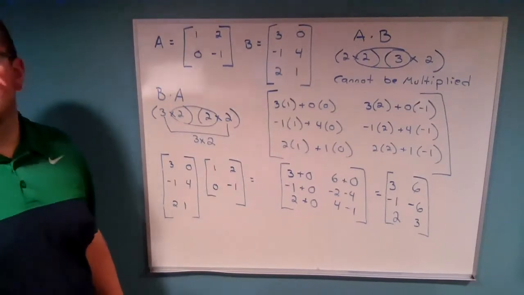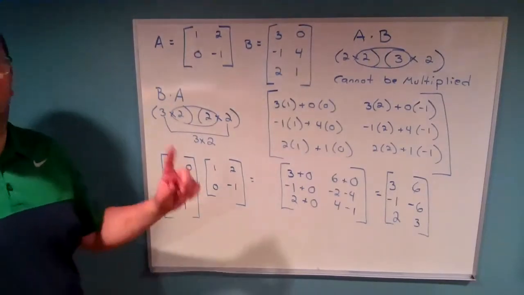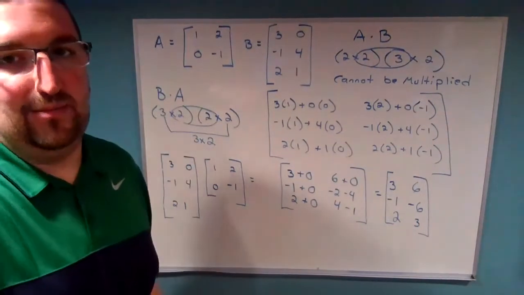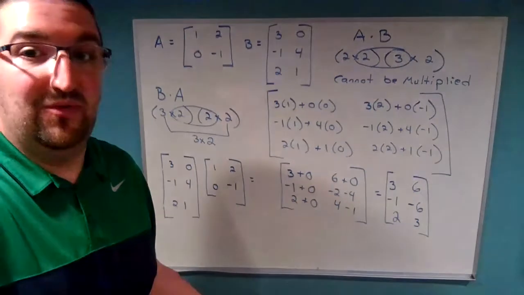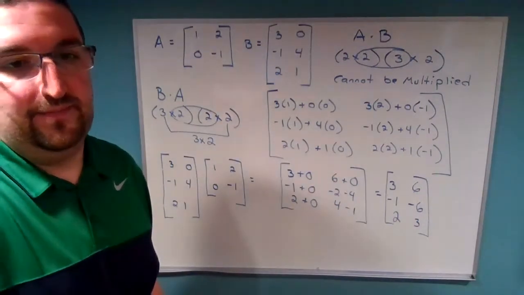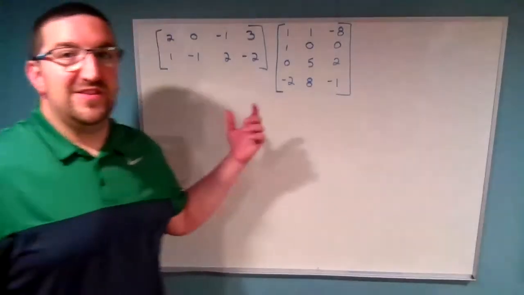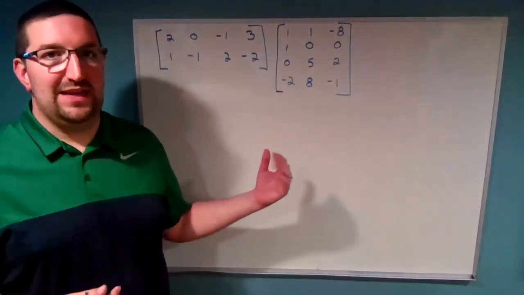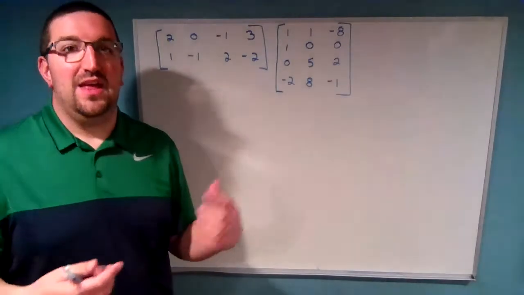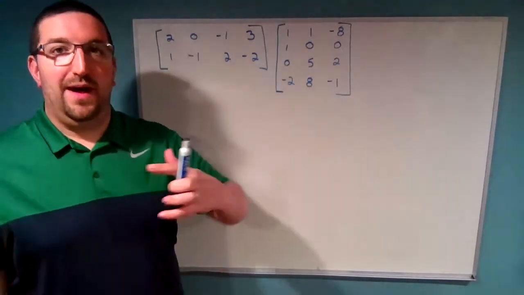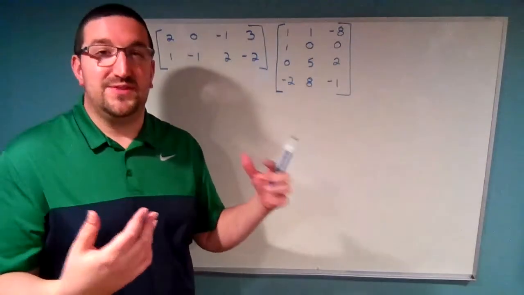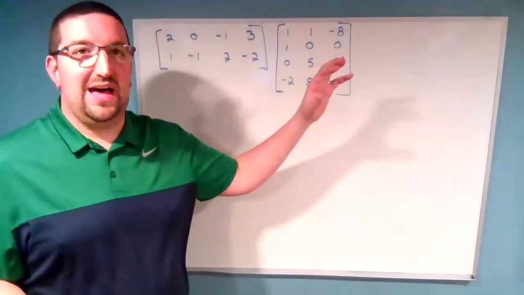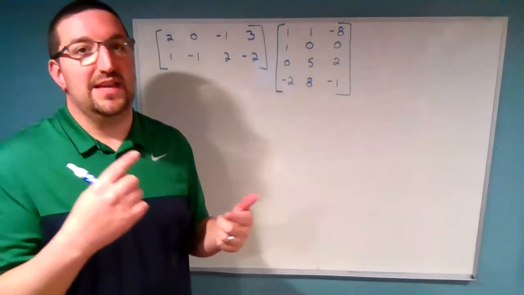All right? We are going to go one step further with this, and we're going to add in a problem that has a dimension of 4. This is going to be the last problem that we're going to do for 5-2 in matrix multiplication. In this particular video, I know there's more in 5-2 if you take a look through it, but I'm going to save those particular topics like identity matrices and things like that.